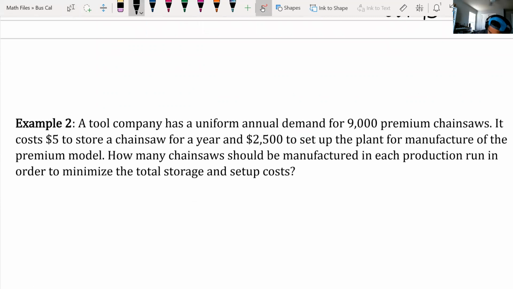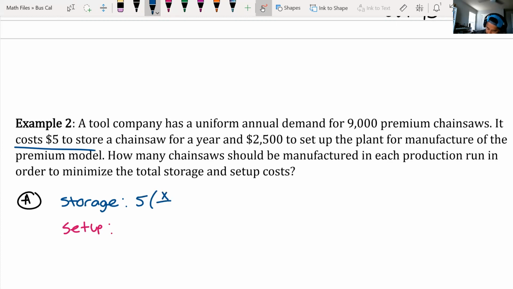So we'll call this step A. Let's get our setup and storage cost. So storage and then setup. For storage, it says it costs $5 to store a chainsaw.